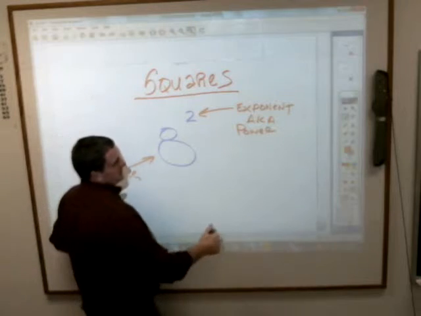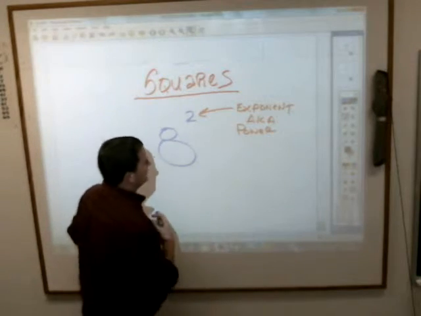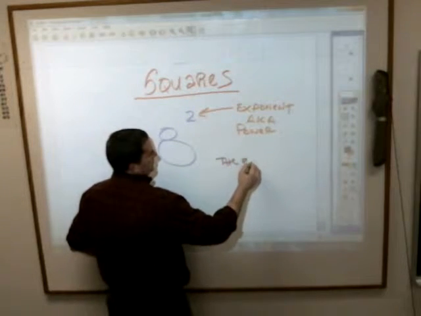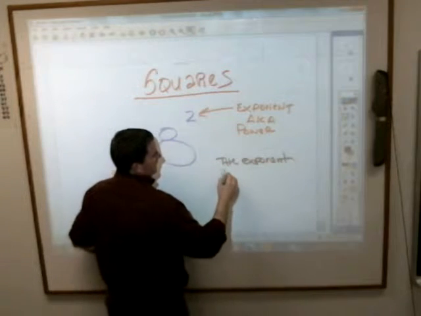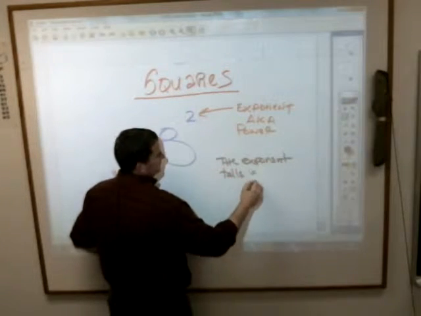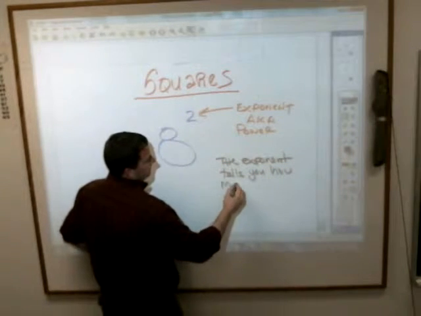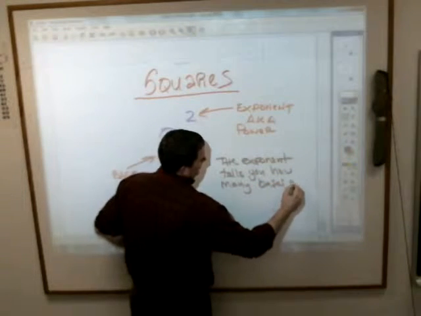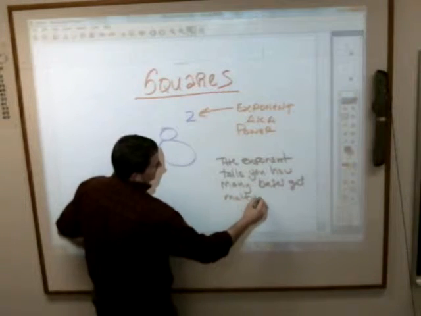Okay, and then this is what this means. Write this down. It won't make any sense now, but it probably will later, okay? The exponent tells you how many bases get multiplied together.